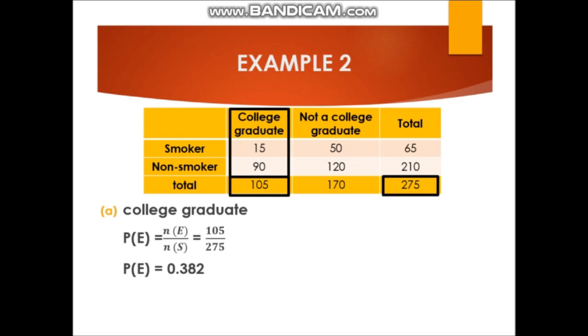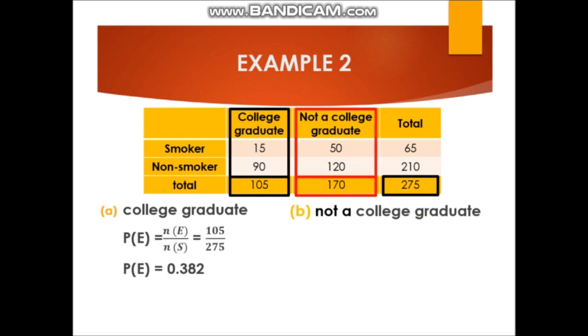Okay? And for letter B, which is not a college graduate. For not a college graduate, we have 50 smokers and 120 non-smokers with a total of 170 and a total population of 275.